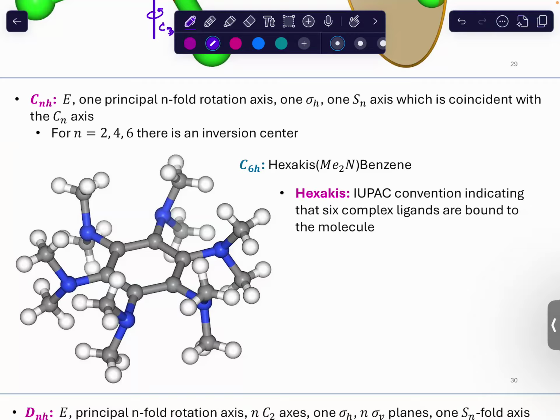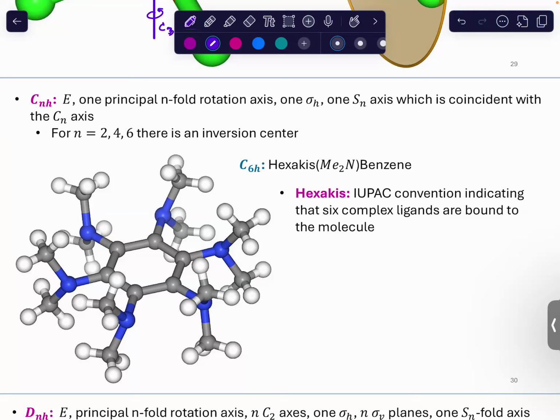But in this case, hexa just really doesn't cover it. We need to use the full Greek hexakis because we're representing these really complex dimethyl nitro ligands. So it's just saying there's one on each carbon of the benzene ring. Okay. So there's 6 of them. I get it. 6 of those ligands.